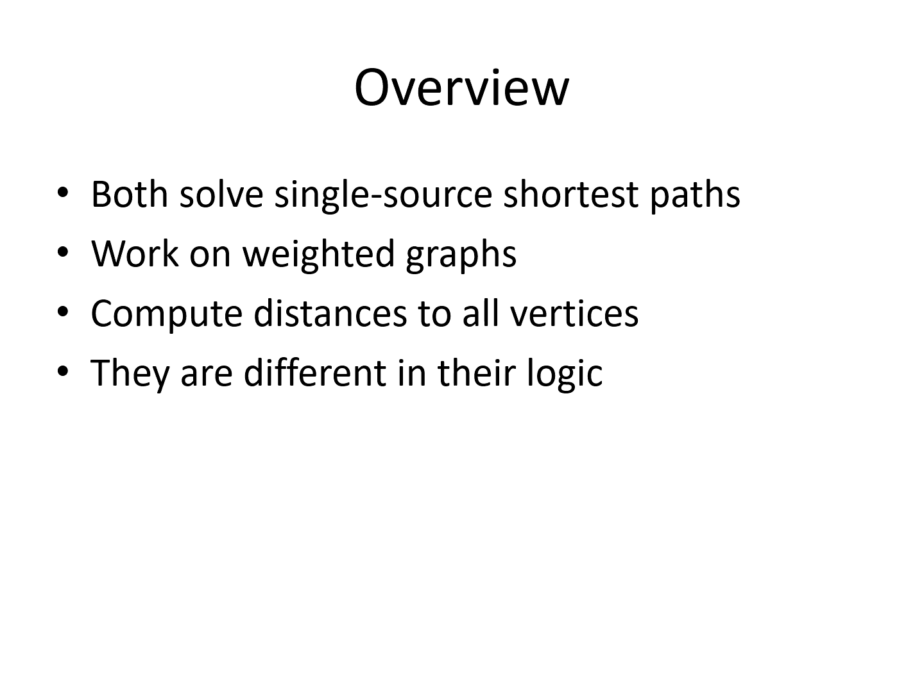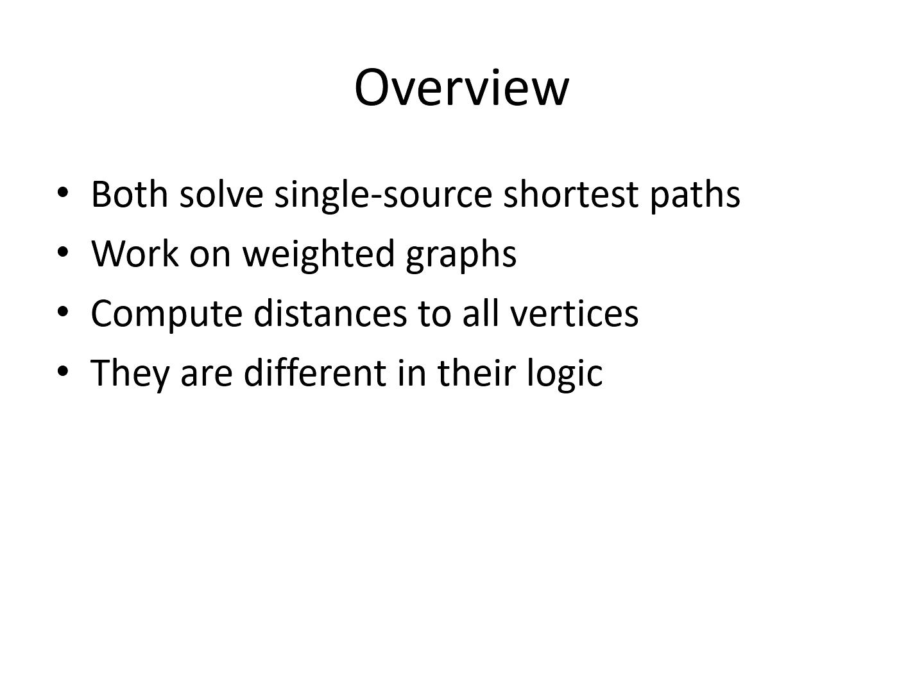We want to know what the shortest path is, and both Dijkstra and Bellman-Ford are weighted shortest path algorithms that solve that, but they do it in different ways. They work on weighted graphs, and they both compute the distances to all vertices.